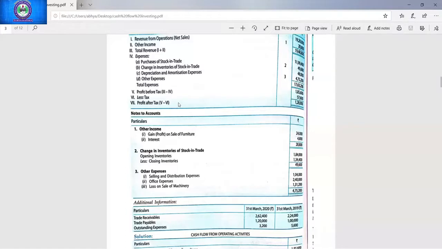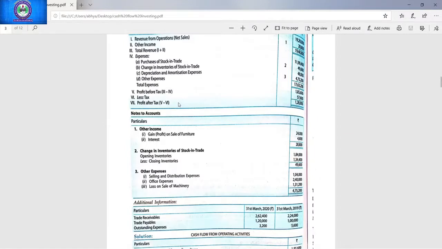In such type of questions, it is up to you whether you take profit before tax or profit after tax. If you take profit after tax as the beginning of step 1, then you have to add back the taxes. If you take profit before tax, then you need not add back the tax. So it is up to you where you start step 1.